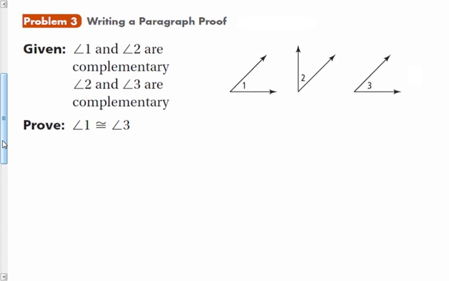So anyway, basically we're going to just write it out in sentence form. And we're going to start by saying that angle 1 and angle 2 are complementary, and so are angle 2 and angle 3, because it is given. That will be our first sentence.